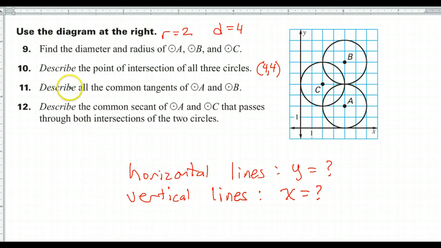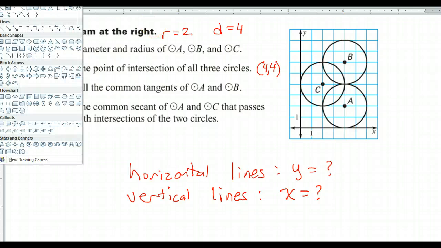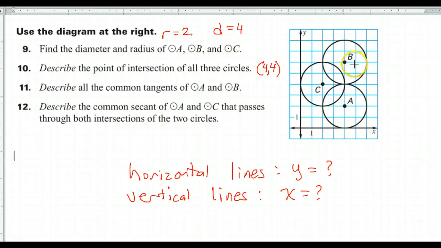So, the common tangents, and we're just looking at A and B, so ignore C for a minute. And I think I'm just going to cheat a little bit and use my tools. One common tangent would be like this vertical line right here. That's one common tangent.